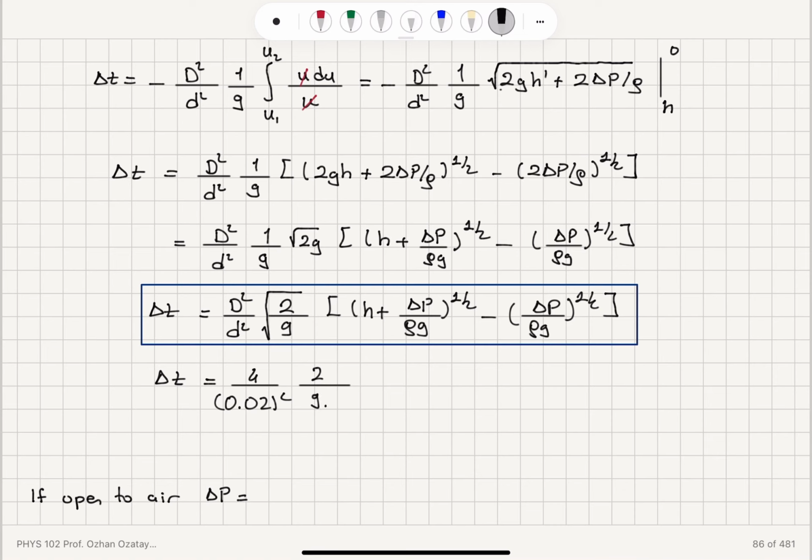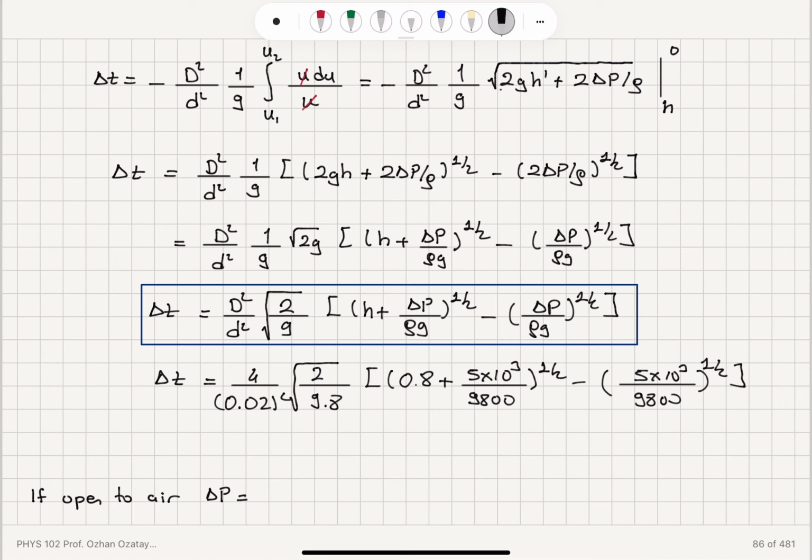Then I have h, which is 0.8 meters, plus 5 times 10 to the 3 pascals, that's the gauge pressure, divided by 1000 times 9.8, 9800, to the power 1/2, minus 5 times 10 to the 3 divided by 9800 to the power 1/2.